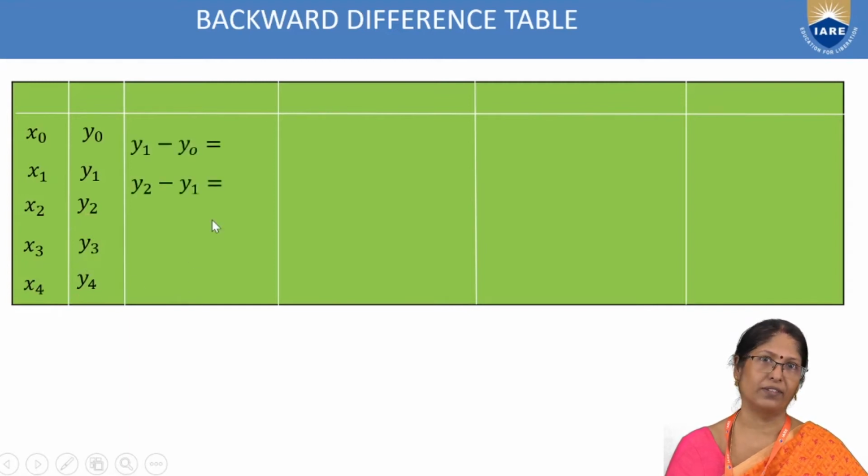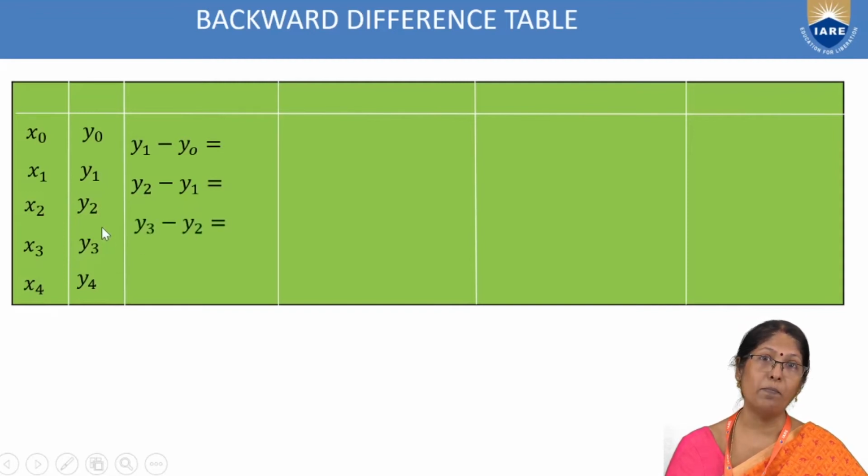Now the differences. You can see the arrow mark: y1 minus y0 is written here. Next, the difference between y2 and y1, so y2 minus y1.